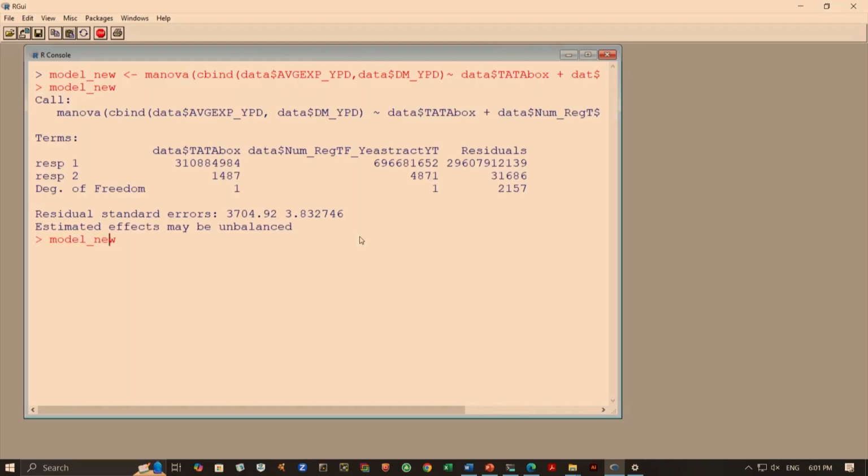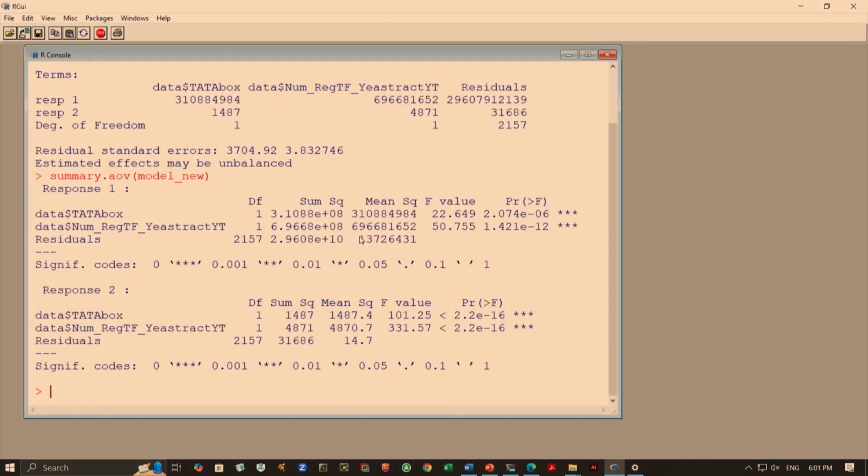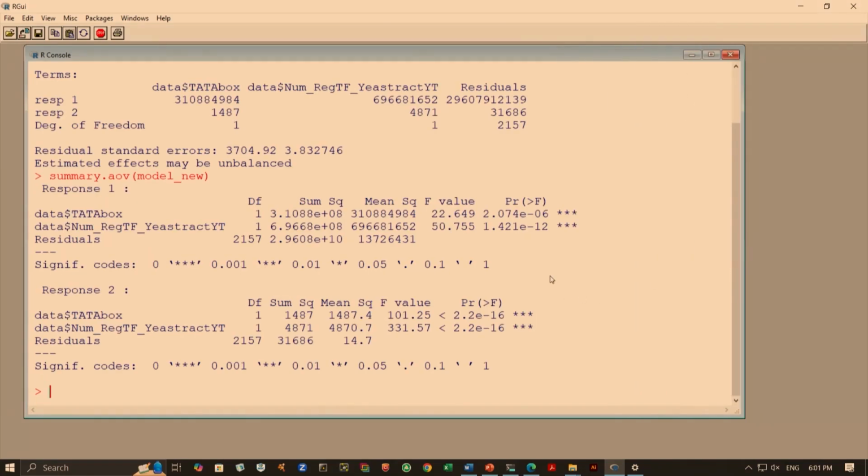So, model new is this. Let us try the summary. Here is the summary of this MANOVA analysis. What MANOVA is doing is actually running these individual ANOVAs. First it will look at response variable 1, which we defined as dependent variable 1.